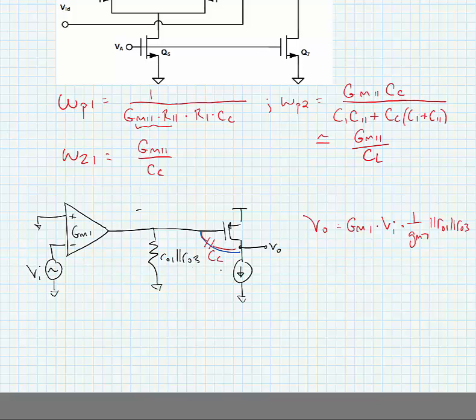The 1 over gm6 in this case, this is transistor M6, and looking into a diode we see a 1 over gm like impedance.